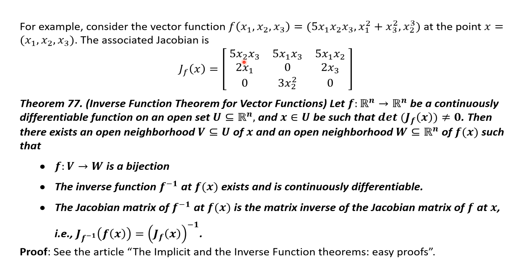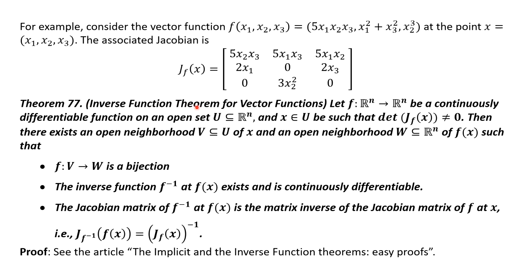So you'd get 5x2x3, and then 5x1x3, and then 5x1x2. Then you take the partial of this with respect to x1, x2, x3. You notice the middle term is 0 because there's no x2 in this at all, and then you get 2x1 and 2x3 for the other two. And this one's even simpler because it's only the second term here that has a non-zero partial derivative, which is 3x2 squared.